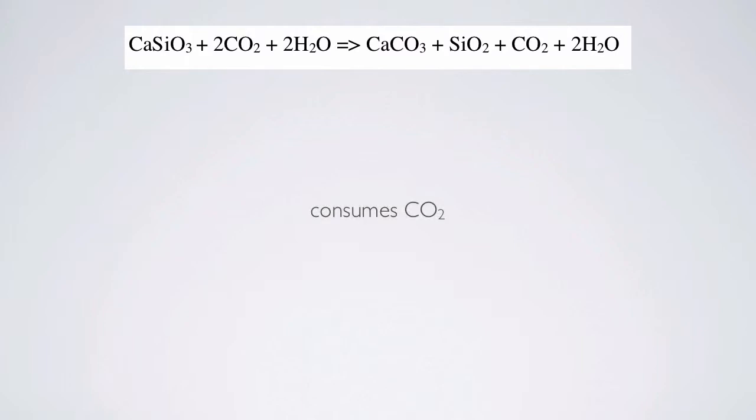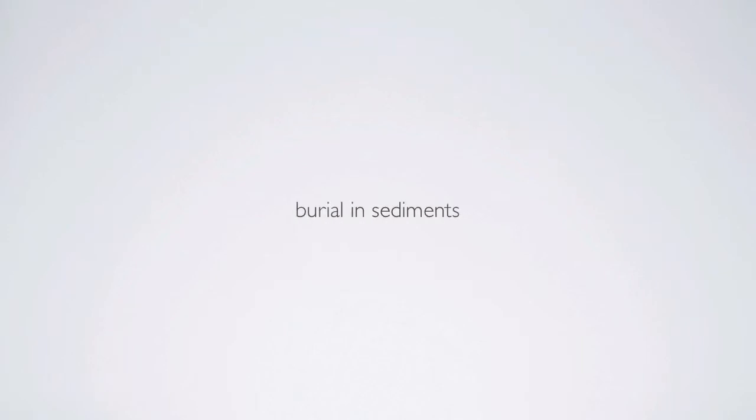So the consumption of CO2 by weathering can be huge. In addition, on geologic timescales, we have burial in sediments. It's a relatively slow process at any one point in time, but it accumulates, and on longer timescales, it's significant fluxes. In addition, there's volcanism, and volcanism releases CO2 into the atmosphere.